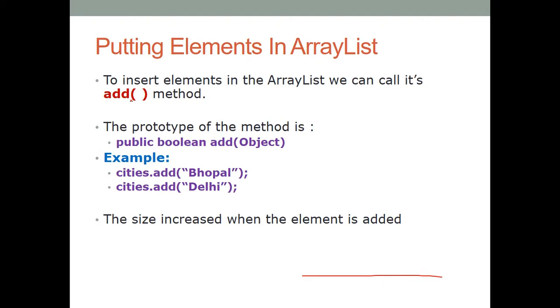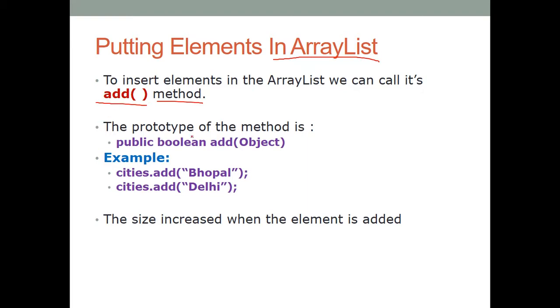Okay, putting elements in an ArrayList. How can you add elements in an ArrayList? You have a method called add, and it is available on collection classes. To insert elements in the ArrayList, we can call its add method, which is overridden in ArrayList.